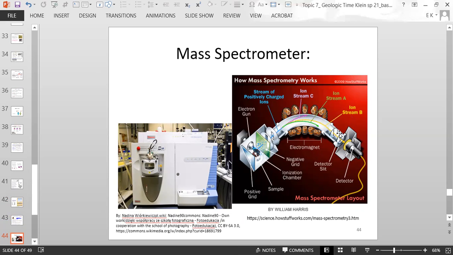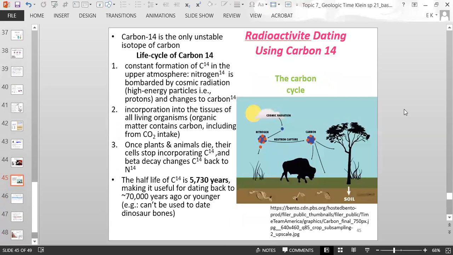So it separates the ions by weight because the parent and the daughter isotopes are going to be different weights, and it counts them. So then you get the ratio, and then you're able to use the half-life number to calculate how old that rock was or how long ago the rock formed.